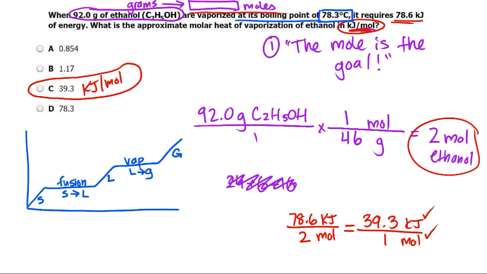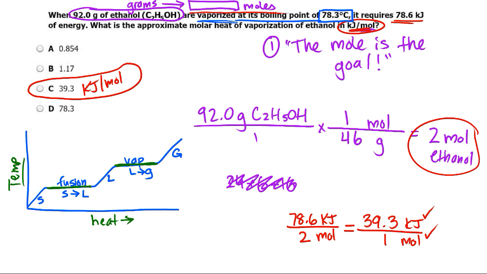We are vaporizing ethanol in this example. And while it's vaporizing, the temperature is constant. Matter of fact, during any phase change, the temperature is constant. If the temperature is constant, then there is no change in temperature as you add heat.